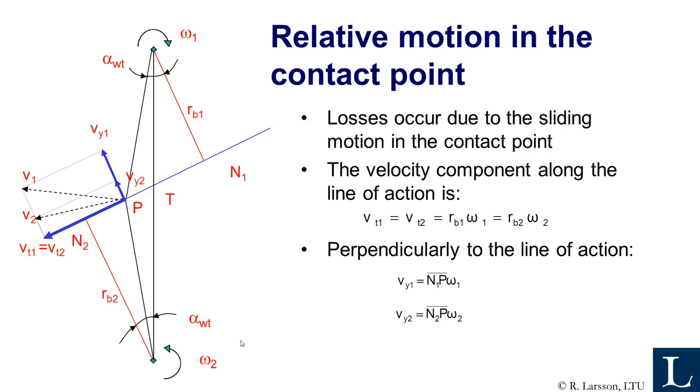So now we have a kind of sketch here, a schematic of the gear. So here is the center of wheel 2, here is the center of wheel 1. Here is the line of action, and here is the contact point at the moment. So at the moment the gear teeth are in contact at this point.